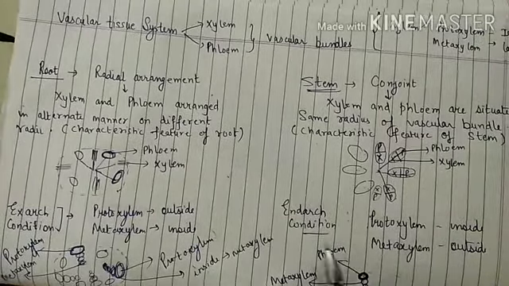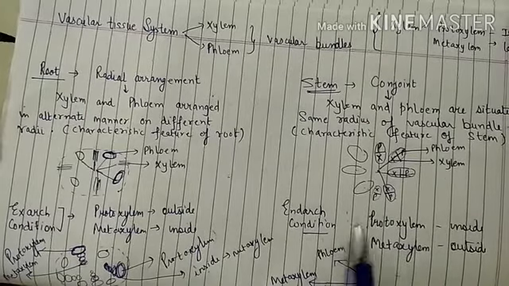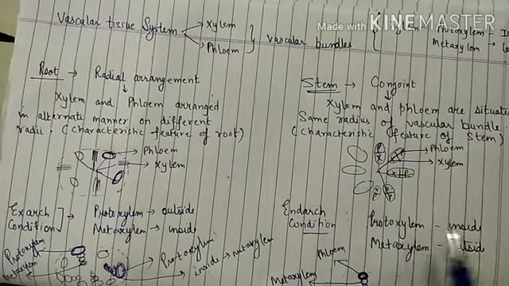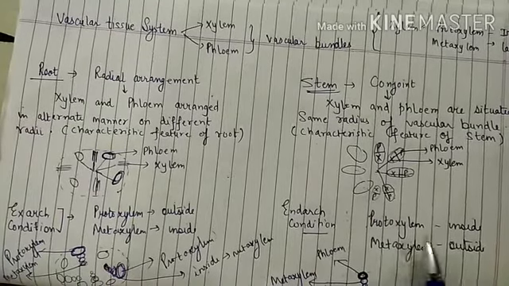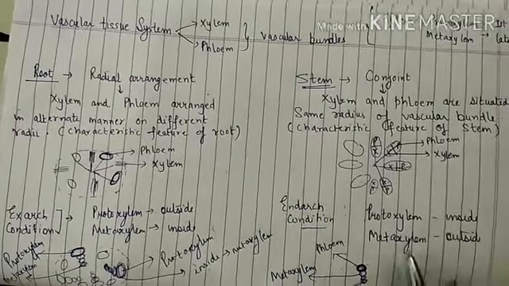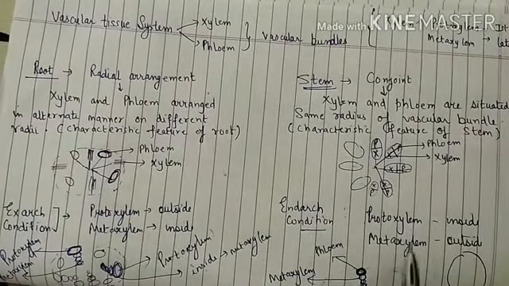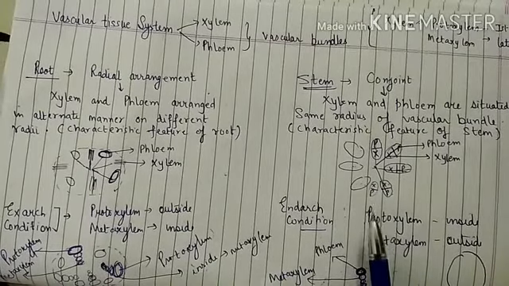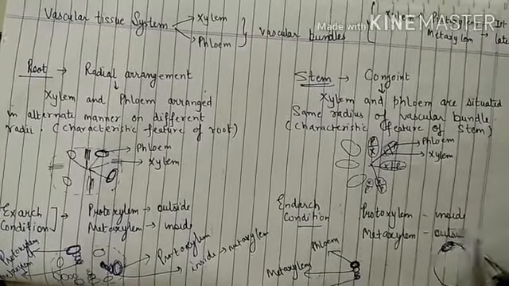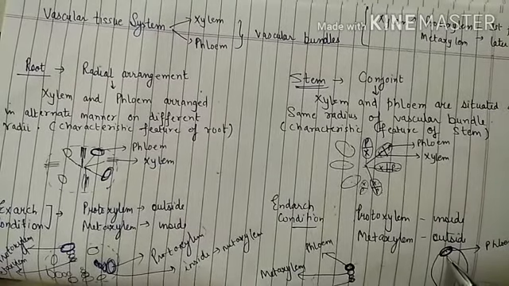Then the next thing, exactly opposite to this exarch condition, there is endarch condition in stem. In endarch condition, you will observe that protoxylem, the first formed xylem, is present inside. However, the metaxylem is present outside. So let us assume, you know that here in stem there is a conjoint arrangement of vascular bundles. So let us assume this is the phloem, and on the same radius there will be xylem.